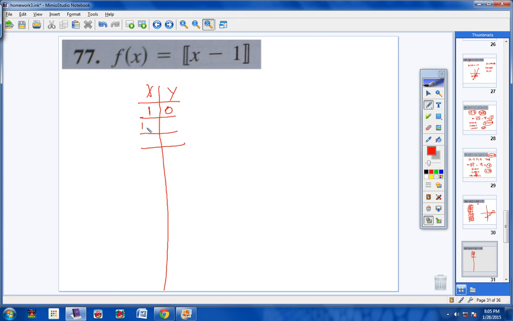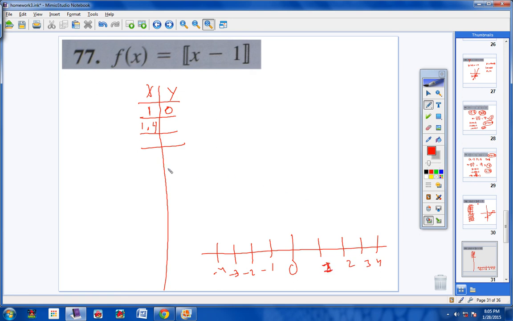Let's put in 1.4. 1.4 minus 1. Now be careful here. Think of a number line, okay? Let's get a number line up here so we can use that for a point of reference. Negative 1, negative 2, negative 3, negative 4, 1, 2, 3, 4.